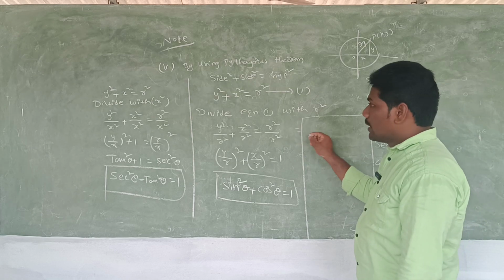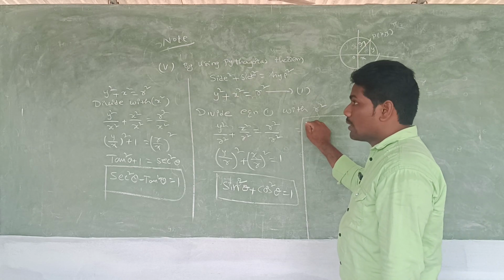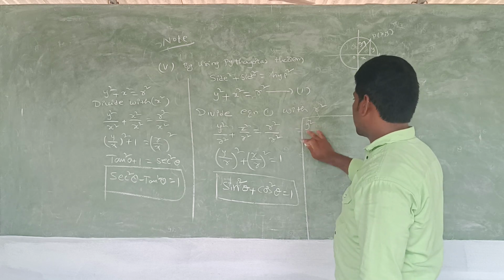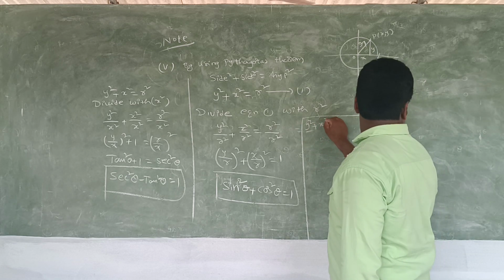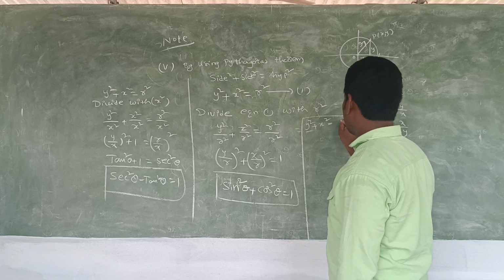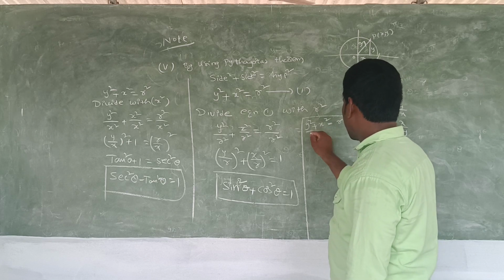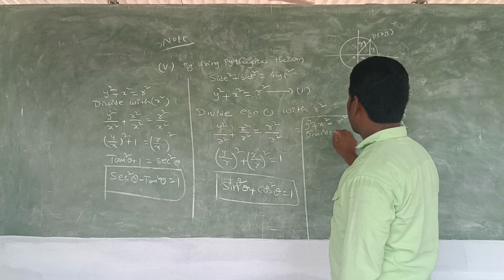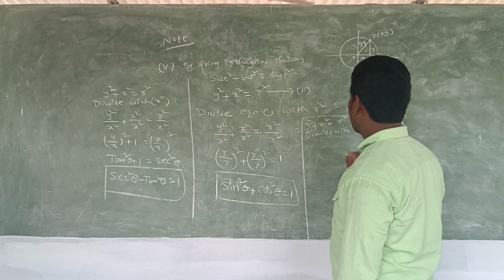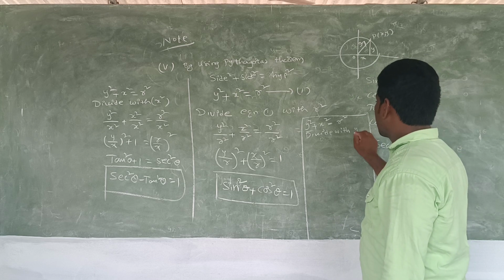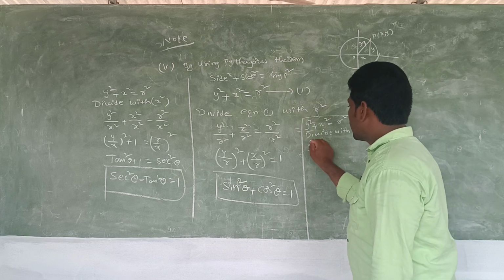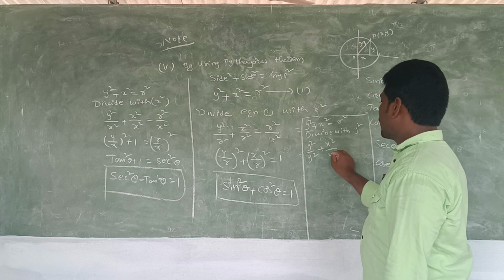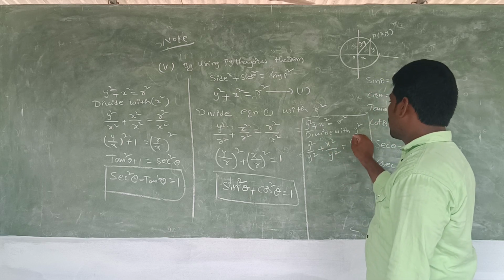I am taking the equation y square plus x square is equal to r square and dividing with y square, that is y square by y square plus x square by y square is equal to r square by y square.